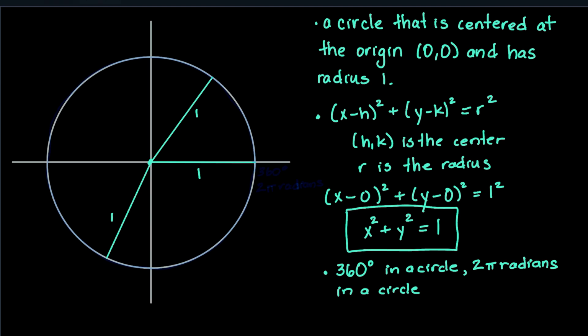This means if I travel from my starting point all the way around the circle, I've covered 360 degrees or 2 pi radians.